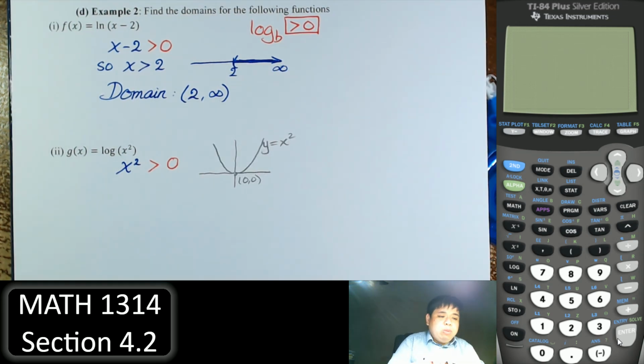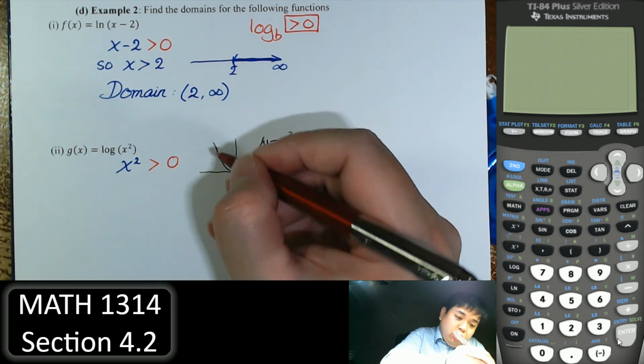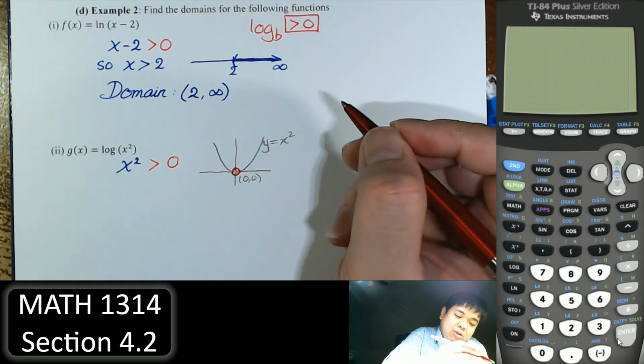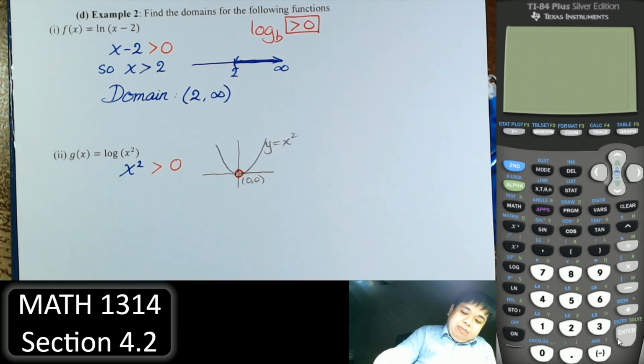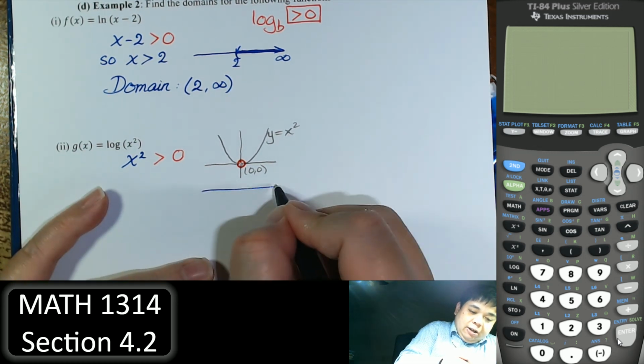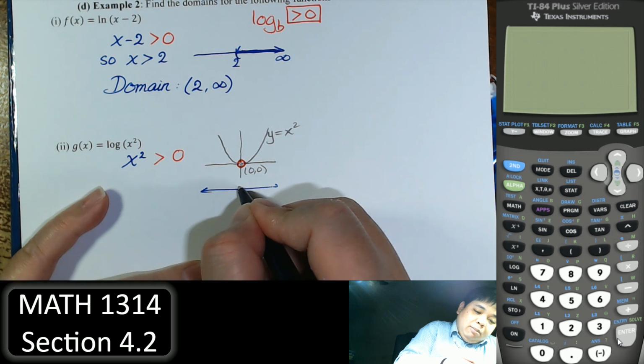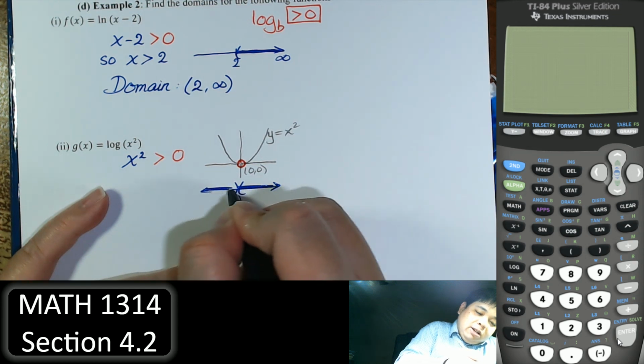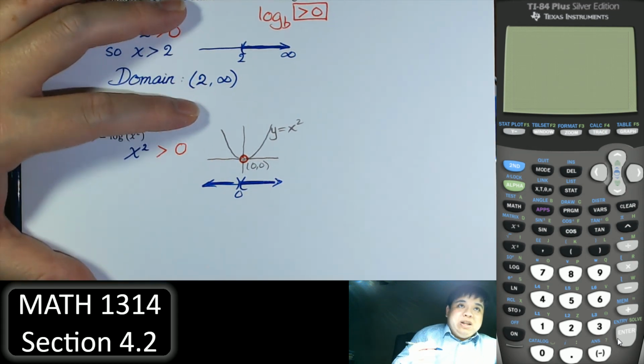So we want it to be positive, meaning that we do not want to have this point. Everything else on the graph is good, meaning it could be everything but 0. Could be on the right side or the left side, but it cannot be 0.